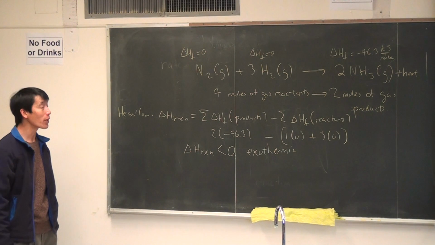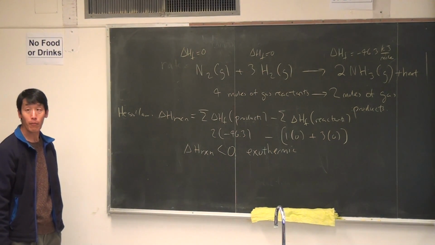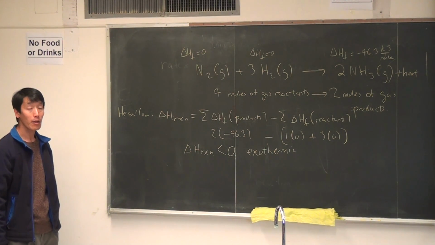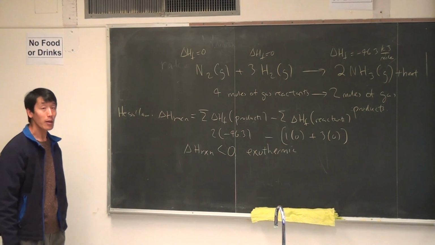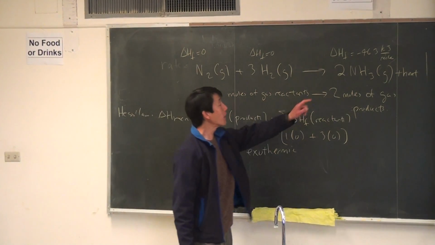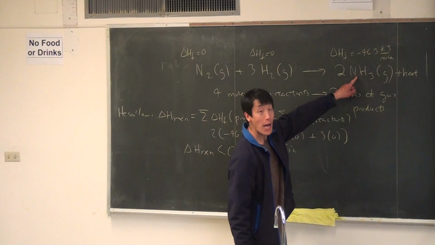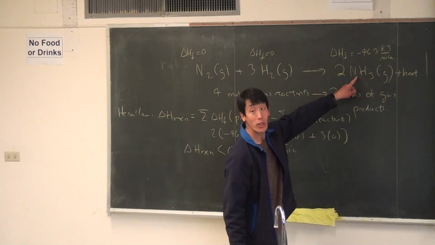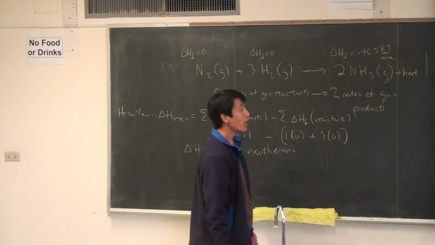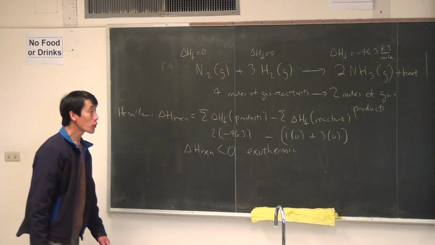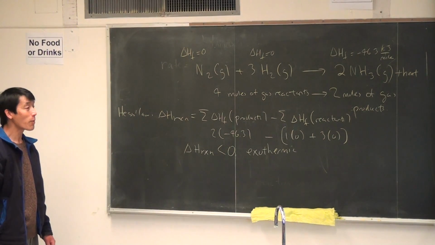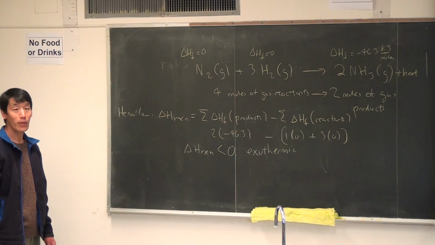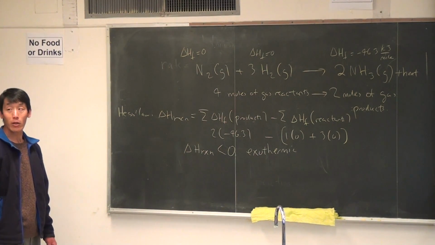So what is the effect of removing the ammonia? Yeah, so by removing the product, this is going to shift the reaction toward the product side and increase the yield. Okay, so all these reaction conditions serve to increase the yield and then make the reaction go fast enough where it's not too expensive to do this reaction.